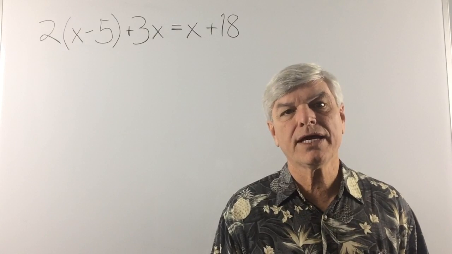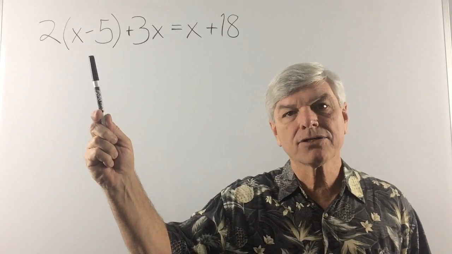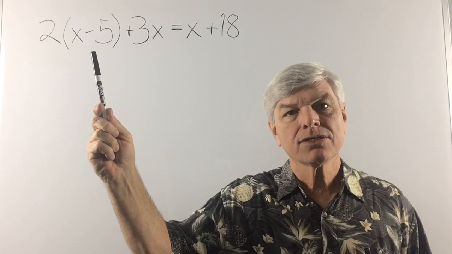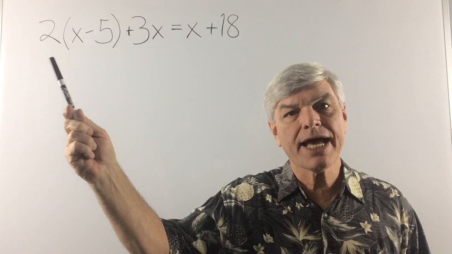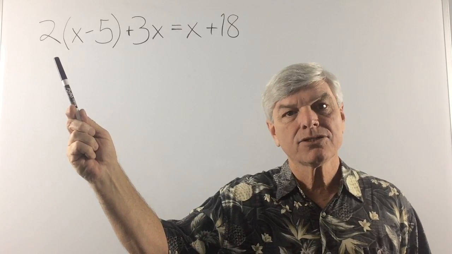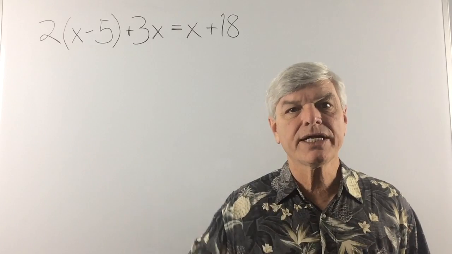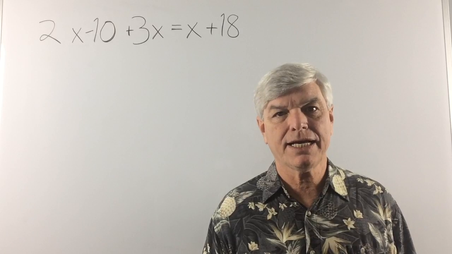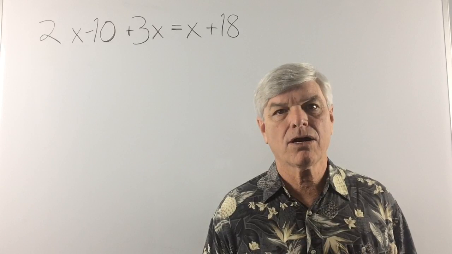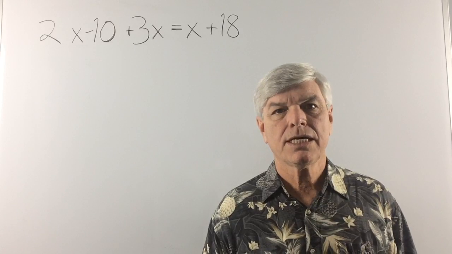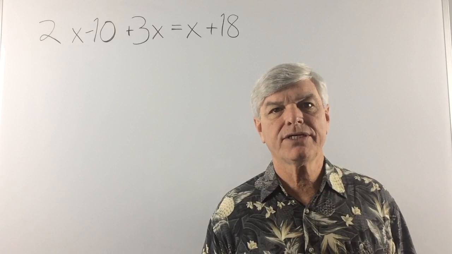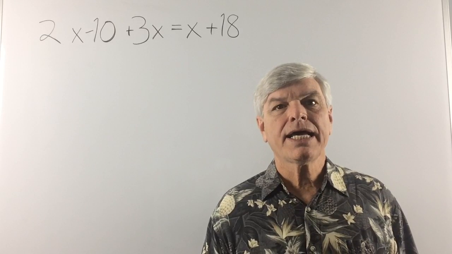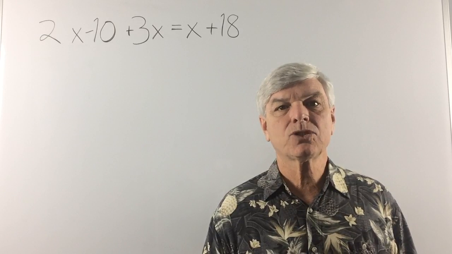Now there is nothing to add or subtract or multiply in the parentheses, so there is a number attached to the parentheses. So we're going to multiply first before we do any addition. And that would be 2x minus 10. And there are no more parentheses, no more multiplications or divisions on either side of the equal sign. And so let's add and subtract.